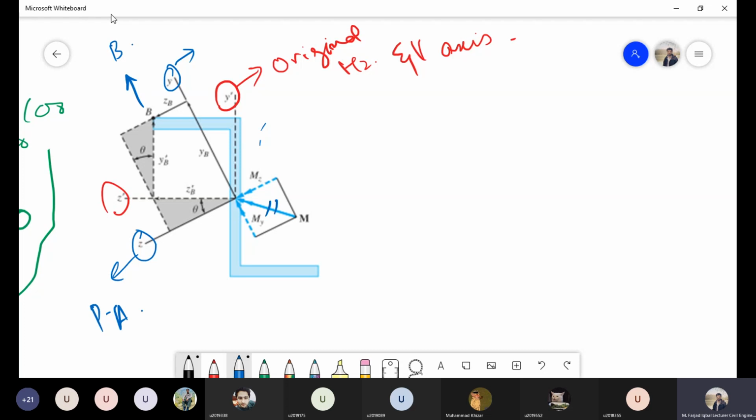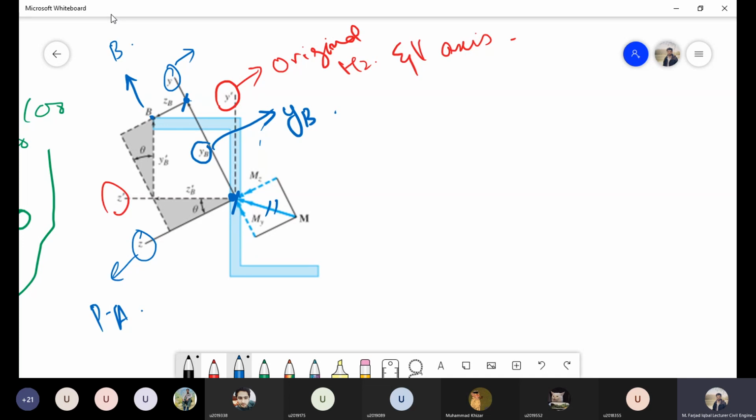Now the problem is again what will be my y distance and z distance. In this figure, this is point B, and this yb distance is shown over here. For example, this is the principal axis, and the distance from this particular point to this point will be the yb distance, or in other words, this distance is the perpendicular distance from the principal axis to the point under consideration, right?